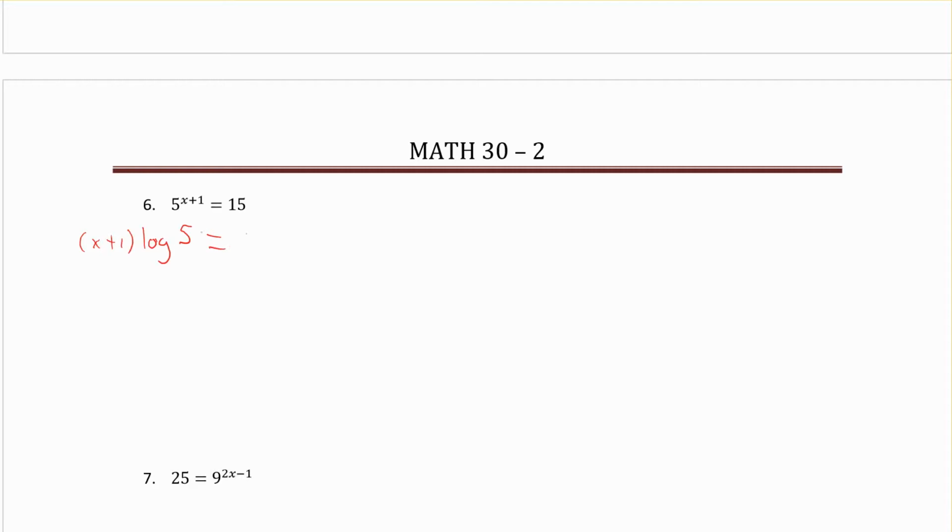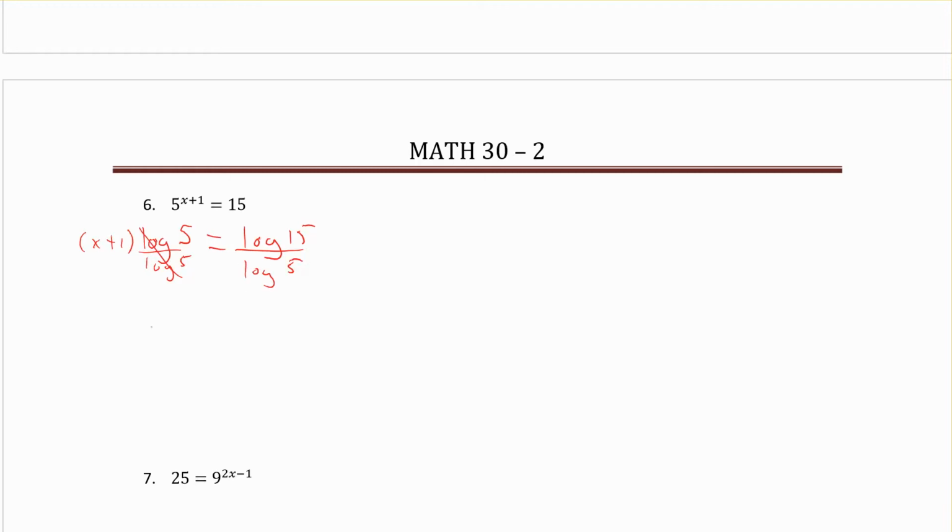Okay, but we have to take the log of both sides because we took a log of one side. We have to take the log of the other. So log 15. Now, what I'm going to do is I'm going to keep what I have in brackets there. I'm going to get rid of this log 5 first. So I'm going to divide both sides by log 5. Those cancel.